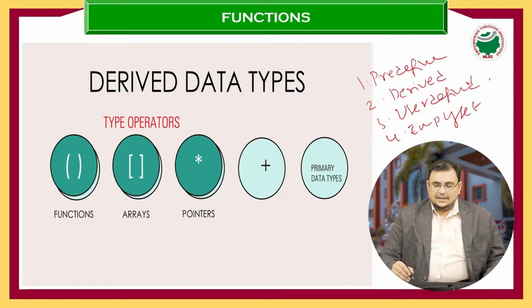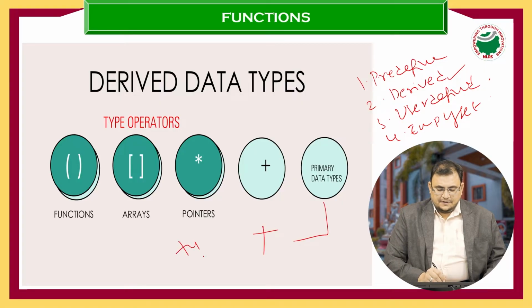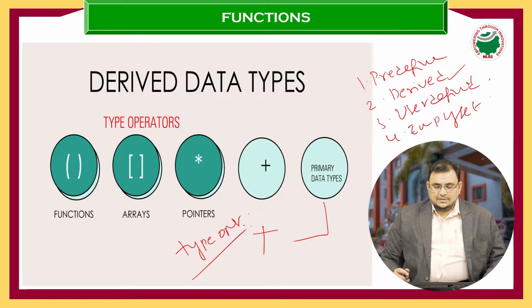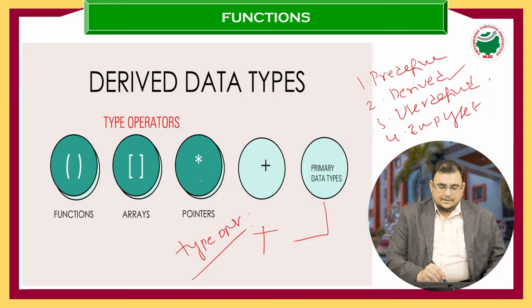Derived data types are derived from primary types plus some kind of type operators, with which we derive new types. For example, primary data types plus the type operator asterisk give a new type called pointers.